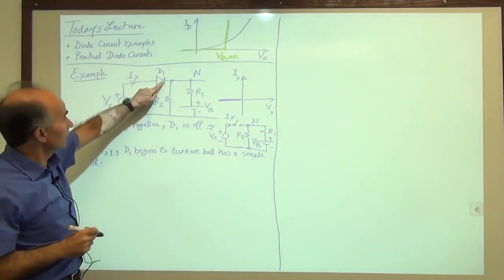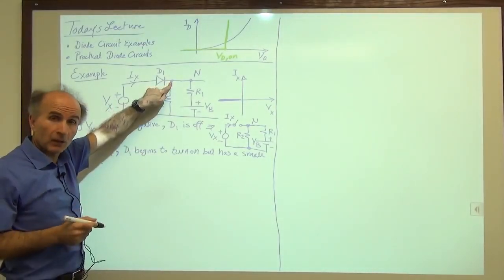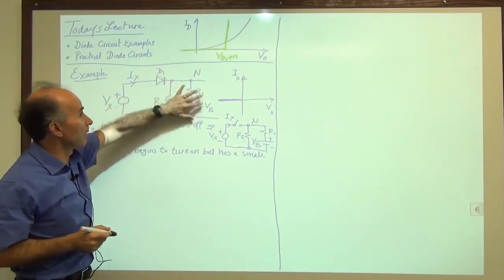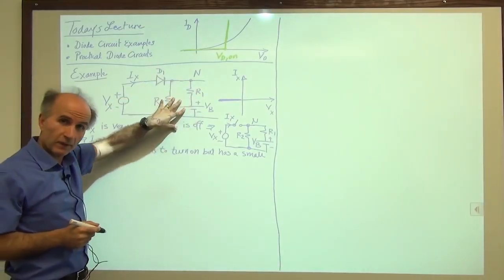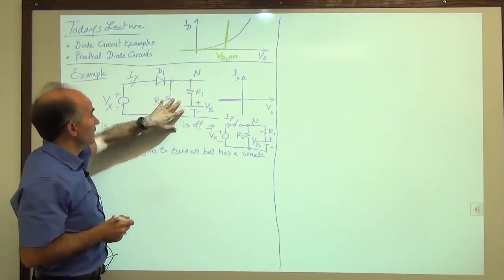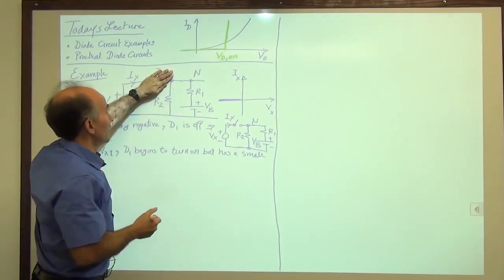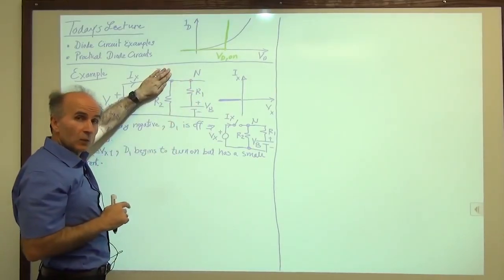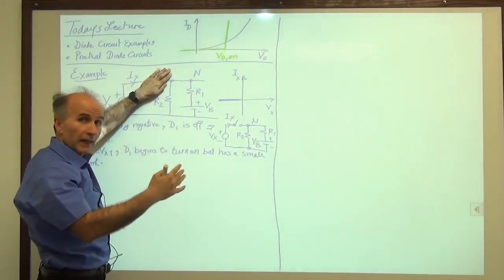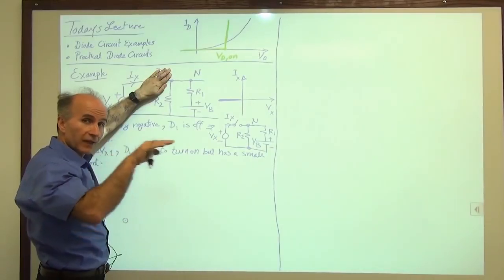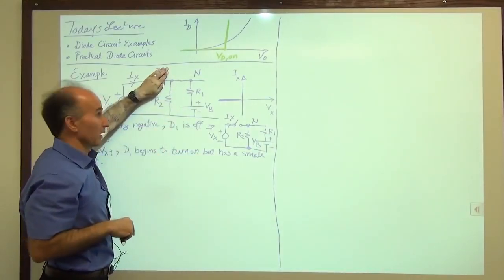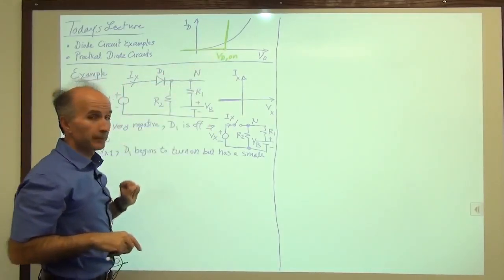Now, given that the current flowing into this branch is still very small, it seems that D1 is not bothering these two branches. So it seems that I can find the voltage at node N while D1 is not bothering them, meaning that D1 is not injecting any current into this node because the current through D1 is very small.